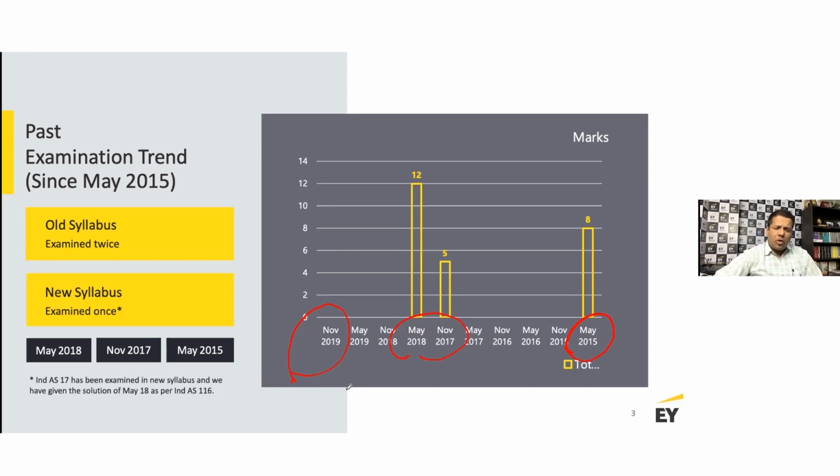This is not a complex accounting standard, I would say. But because a number of policy choices are made available, and there is a lot of computation involved. Principles are easy to understand, and we will talk about that.